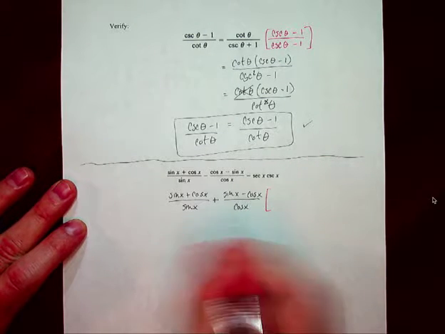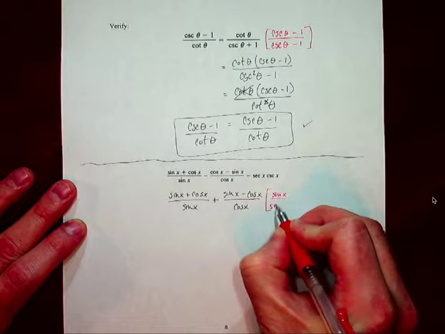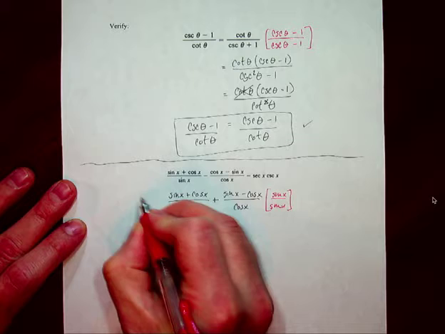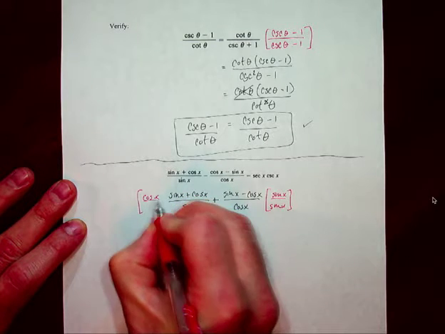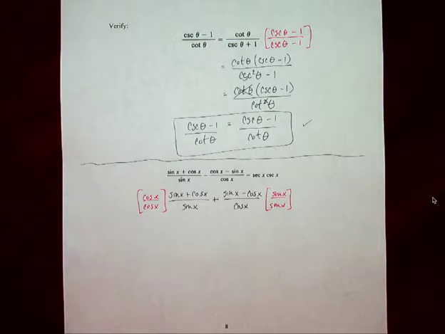Now I have two rational expressions, and I need to go ahead and get a common denominator. Since those denominators are relatively prime, and for those of you who don't remember what relatively prime means, it means that they don't share a factor. When you're trying to get a common denominator, and the two fractions have denominators that are relatively prime, then you simply have to multiply each of them by the other denominator over itself.